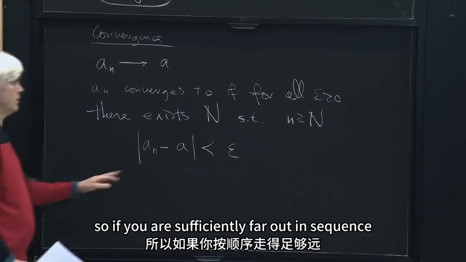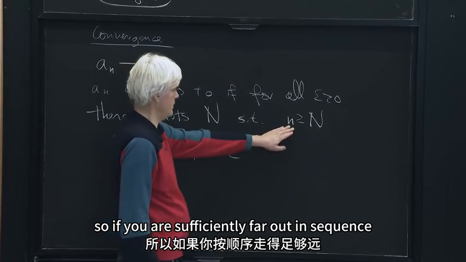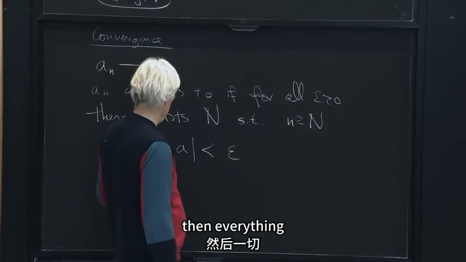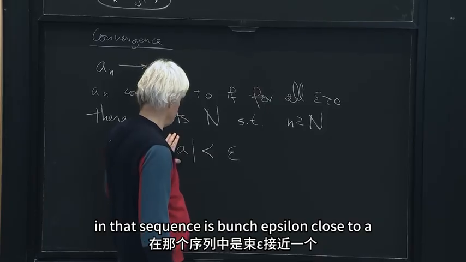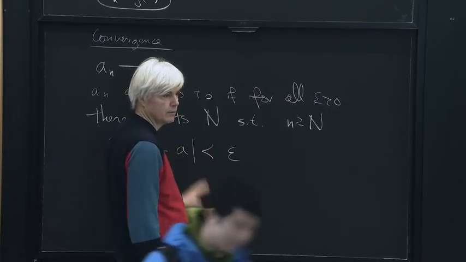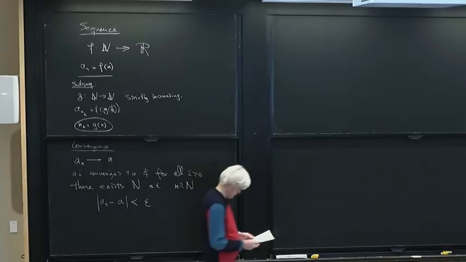So if you are sufficiently far out in the sequence, then everything in that sequence is epsilon close to a. Okay, that's what it's saying.